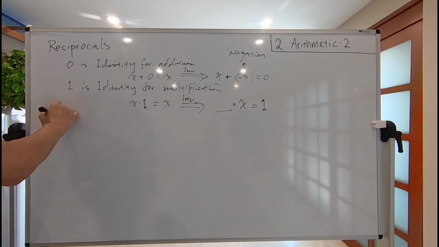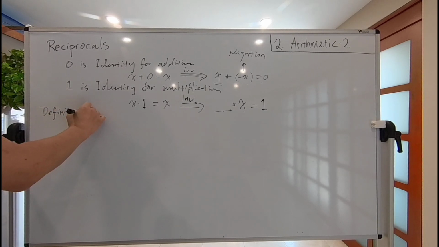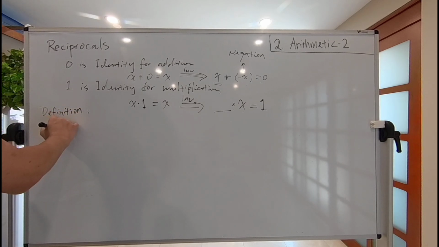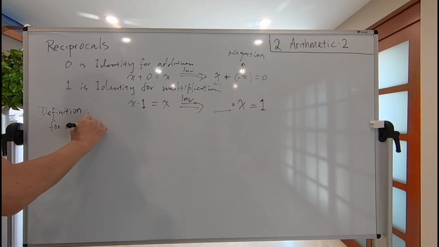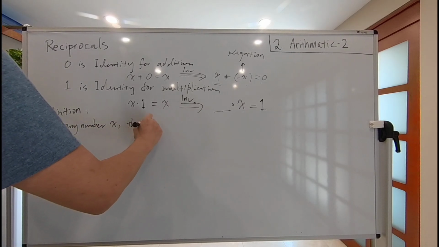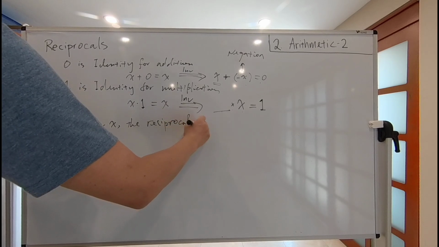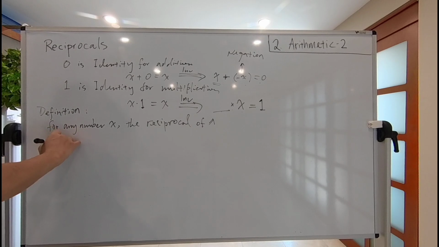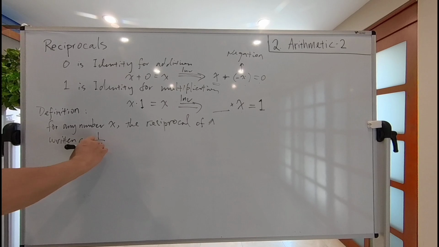So maybe we can then look at the definition of reciprocal. For any number x, the reciprocal of x is written as 1 over x.